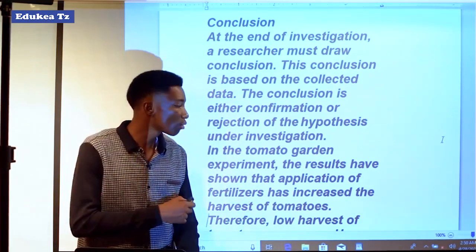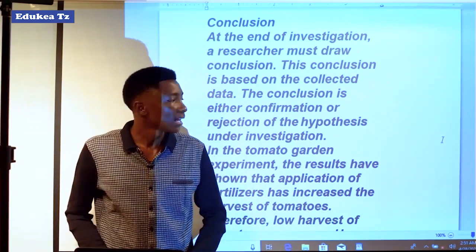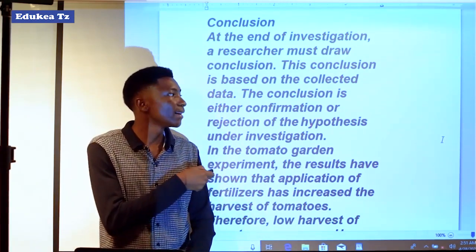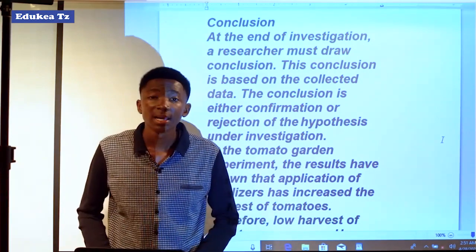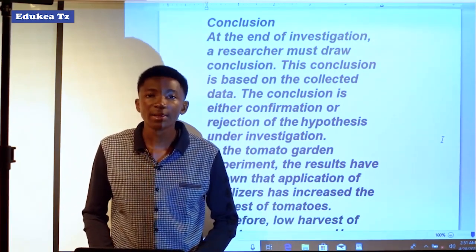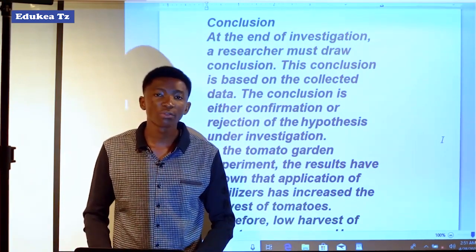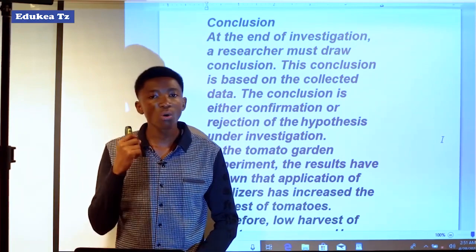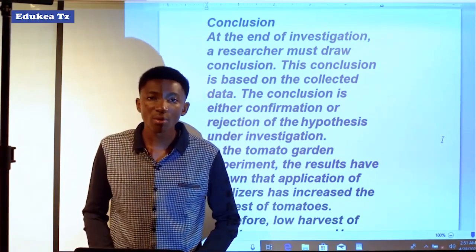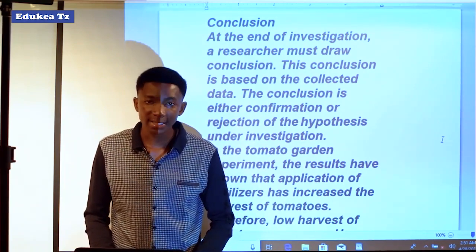So now in the conclusion, we see the hypothesis that we made: that the garden cannot yield tomatoes well, or the harvest of tomatoes is low, because of low soil fertility.